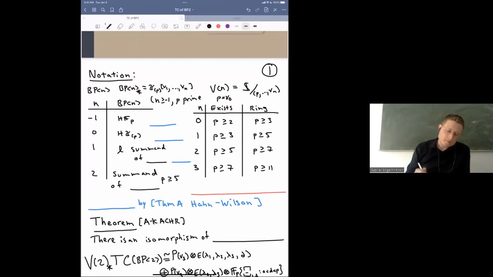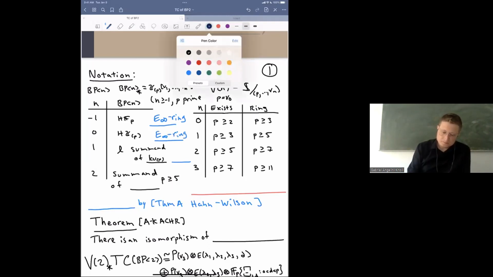When n is -1, by convention, this is HF_p, and that's known to be an E-infinity ring spectrum. When n is 0, you get the p-local integral Eilenberg-MacLane spectrum, which is also known to be E-infinity. And when n is 1, you have a summand of p-local topological K-theory, which is also an E-infinity ring.